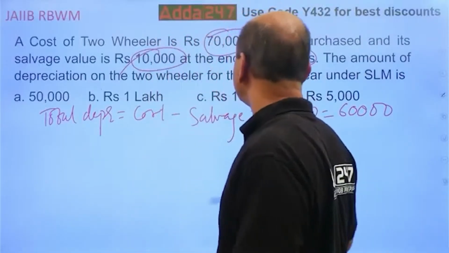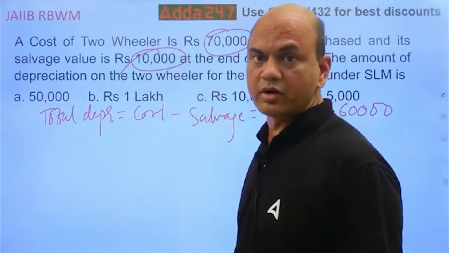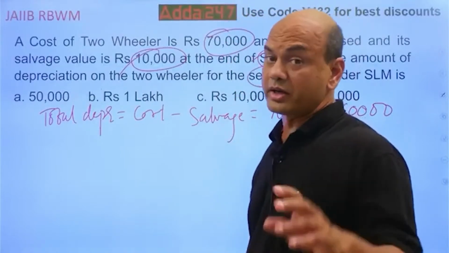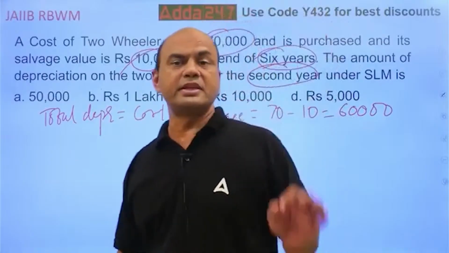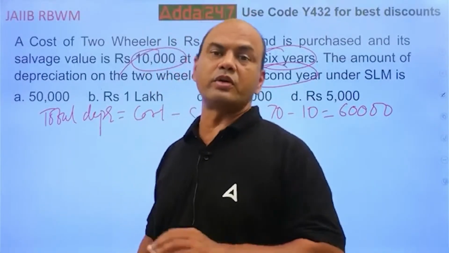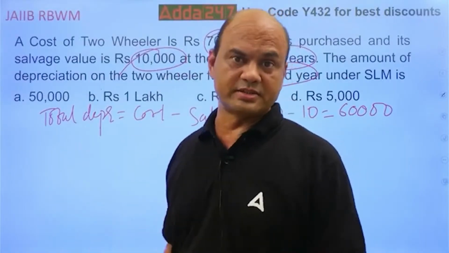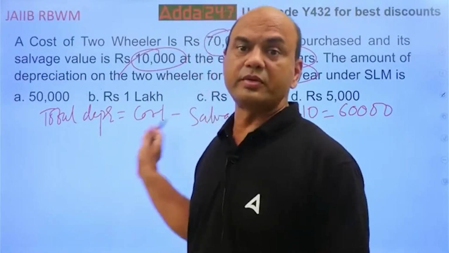But what do you want? You don't want the total depreciation. You want the depreciation for the second year. What did I tell you? Depreciation amount is constant for all the years. So how many years are there? 6 years. What is the amount? 60,000.